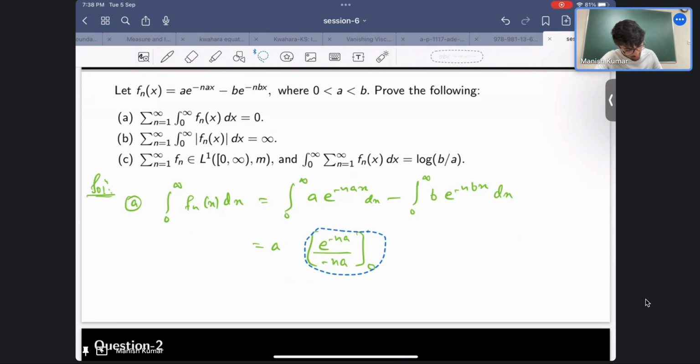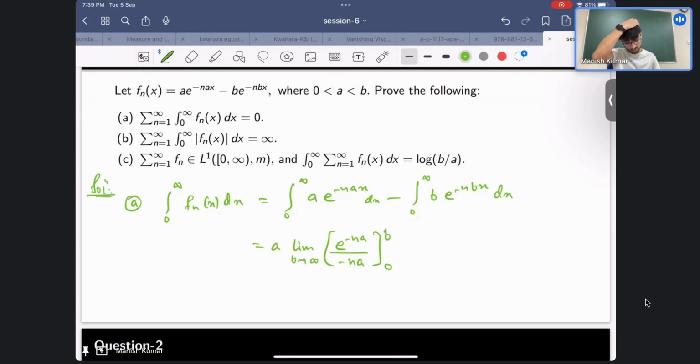As you know, Riemann integration is defined in this fashion: limit b going to infinity of the integral up to b. This is the way you define Riemann integration when the domain is unbounded. Again then minus the limit y going to infinity of e to the minus nbx by minus nb from 0 to y.